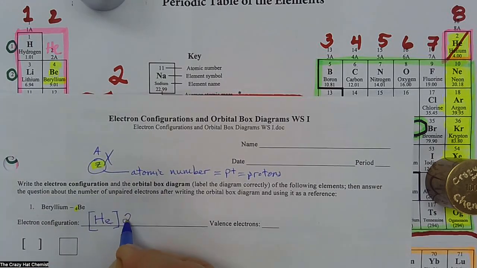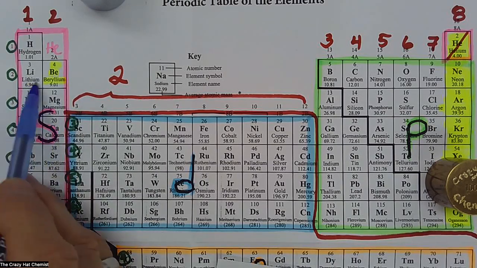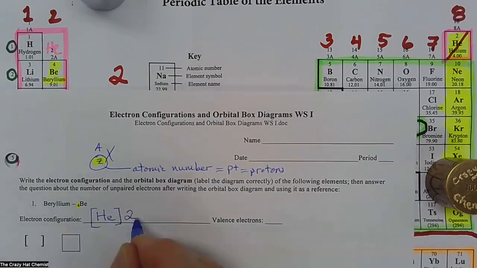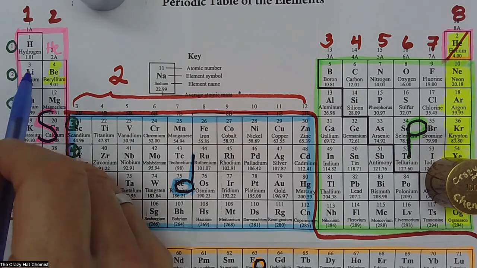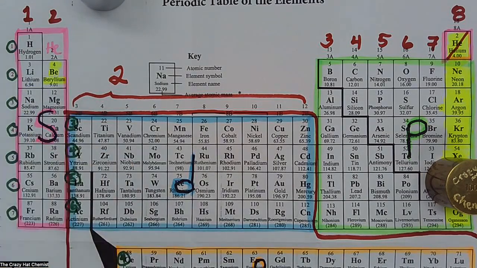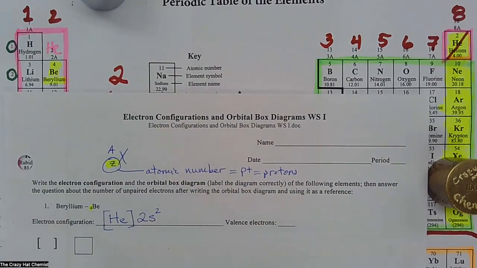So I'm going to write down a 2. What type of orbital are 3 and 4 in? It's an s-type orbital. So I'm going to write down s. And now I'm going to count the number of electrons within this. That's 2s1 and 2. So I'm going to write 2s2, just like that. Perfect.